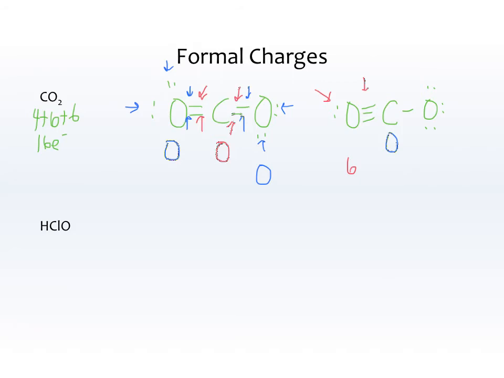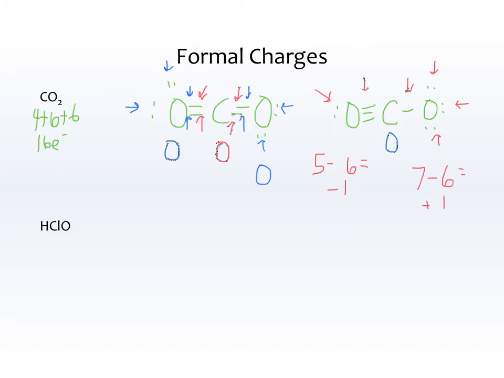So assigned 5 minus valence, what it's supposed to have, 6, is equal to -1. If we look at the other oxygen, we've got 1, 2, 3, 4, 5, 6, 7. Assigned 7. Supposed to have 6. 7 minus 6 is +1. So the oxygen on the left has a -1 formal charge. The oxygen on the right has a +1 formal charge.